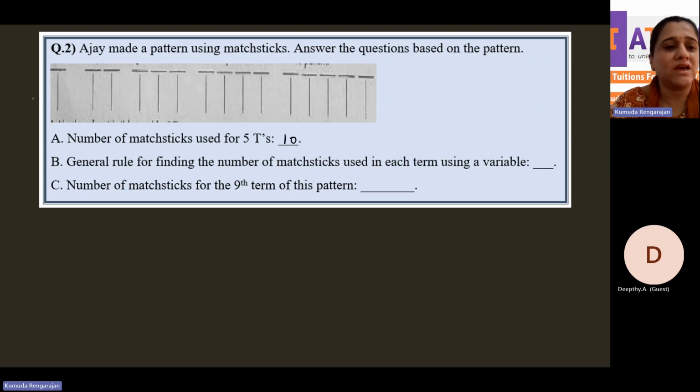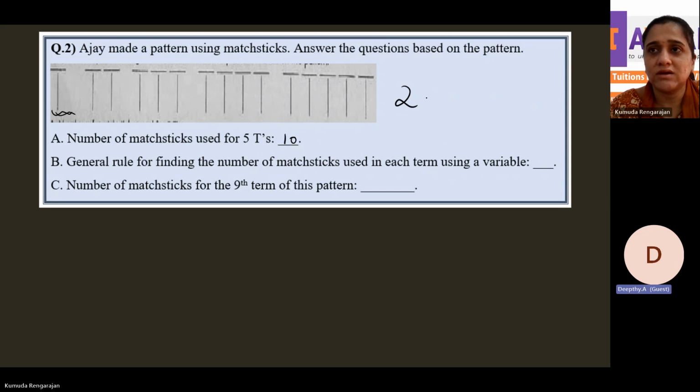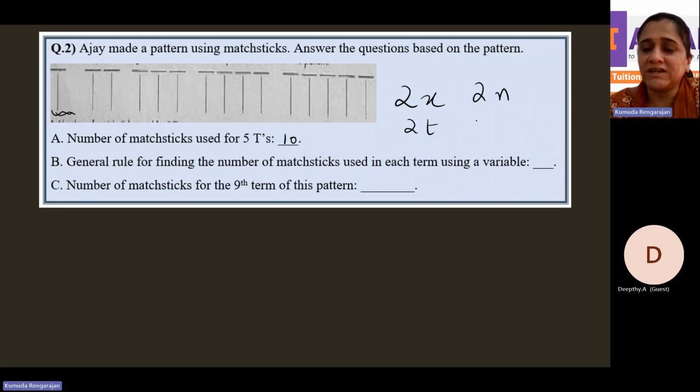So how many matchsticks in 1 T? Ma'am, 2. So what's the rule? 2x or 2t. Correct? Or it can be 2n, 2a, b. Correct. Because for 1t, 2 matchsticks.